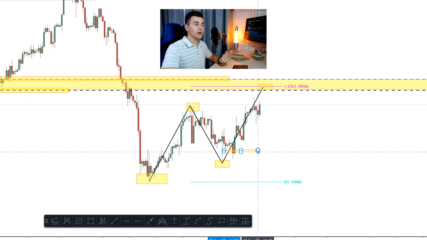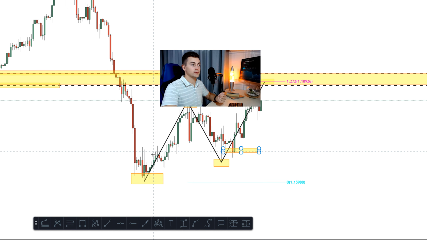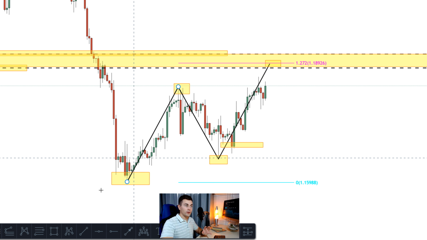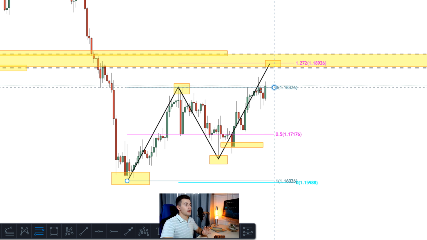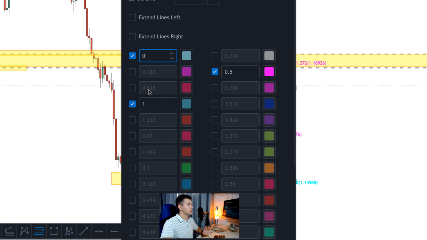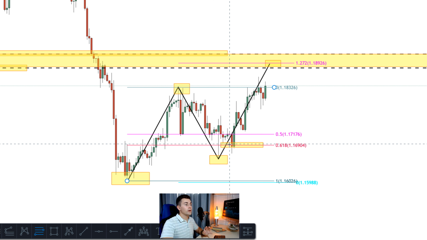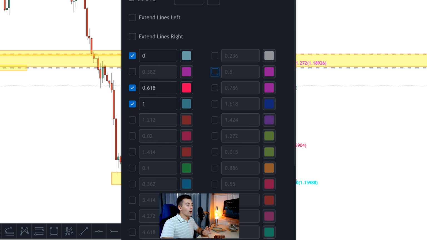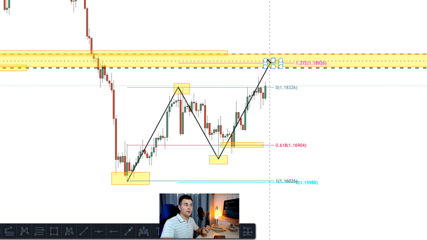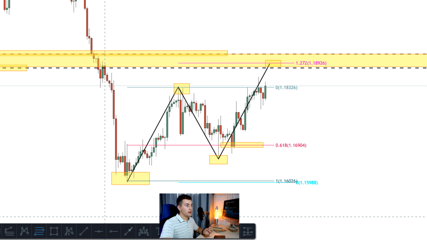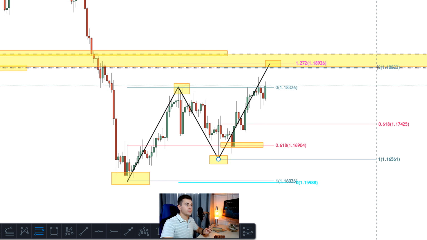Based on that, we need to measure the Fib retracement of that level from where the market started to grow. So we take once again our bullish impulse, and from swing low to swing high we draw the Fib retracement, right? Here we try to see which level the market respected, and you can see that the market clearly respected the 618 level. So why do we need that? Based on that, we assume that once the market reaches our reversal point, it should reach at least this same 618 level.